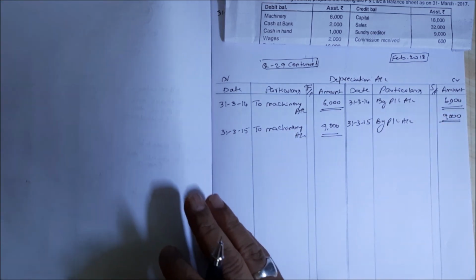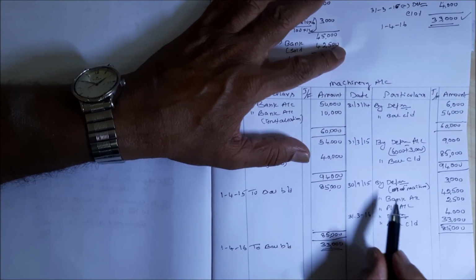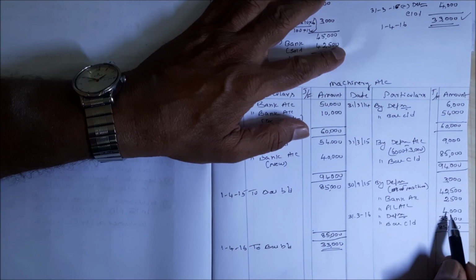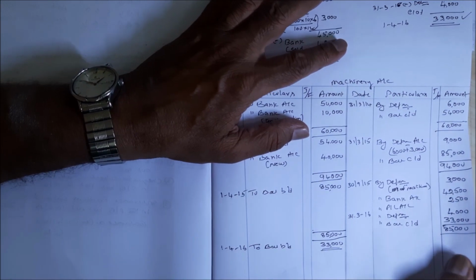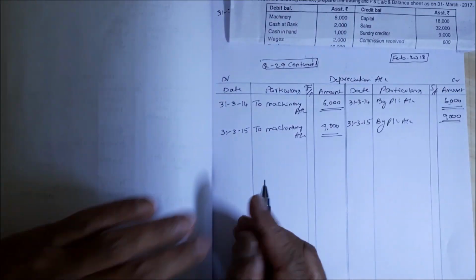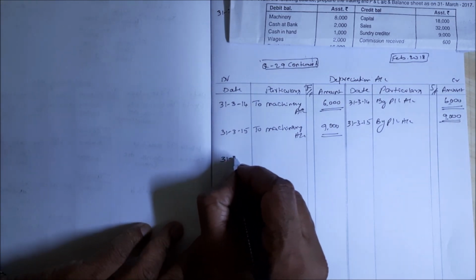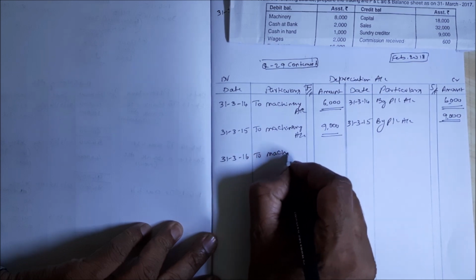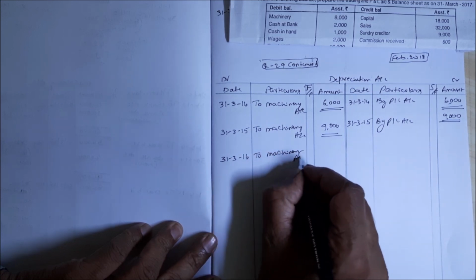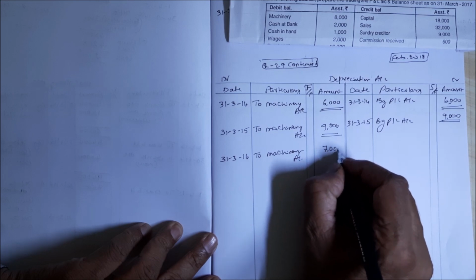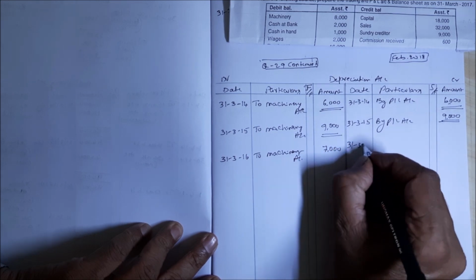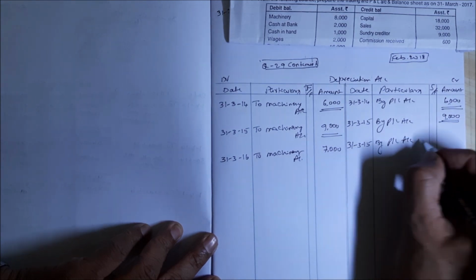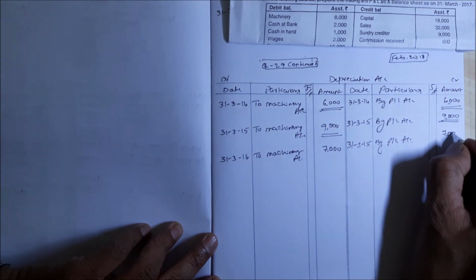Next, let us take the next year. Depreciation of the old machine is 3,000 and new machine is 4,000. 3 plus 4 is 7,000 is depreciation. That is 31/3/2016 to machinery account 7,000. 31/3/2016 by profit and loss account 7,000.